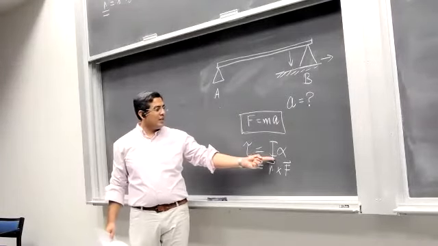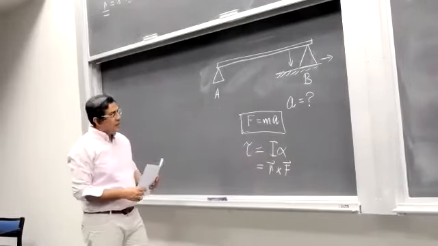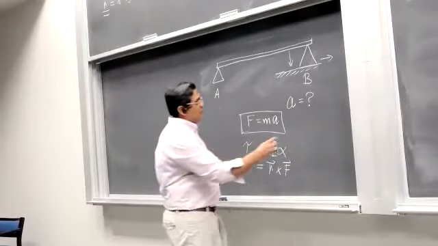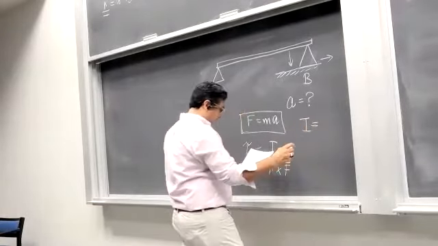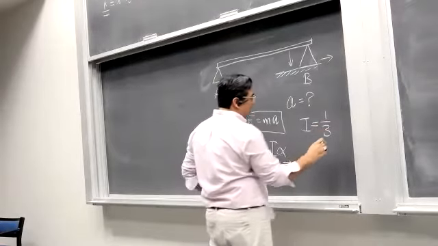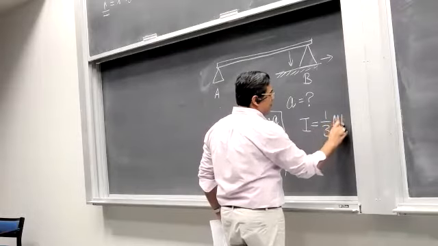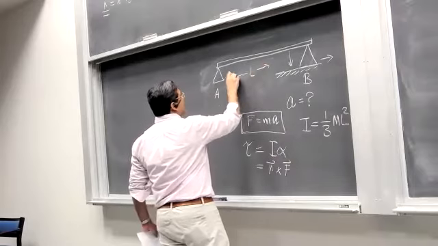out, and let's say that the moment of inertia is given. For a rod like this, the moment of inertia, I think we did this in a lecture before, is 1/3 of ml square, where L is the length of the rod.